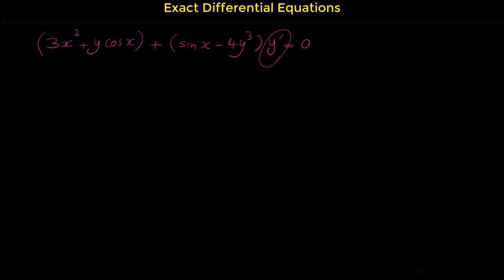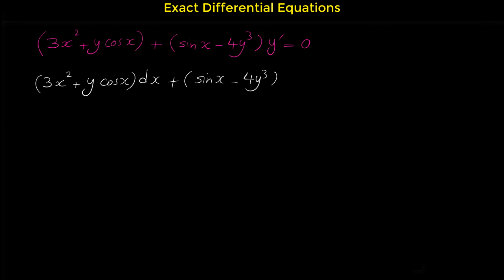Simply, if we replace y' here with dy over dx, and if we multiply both sides by dx, we can write this differential equation in the form of (3x^2 + y cos x) dx + (sin x - 4y^3) dy = 0.